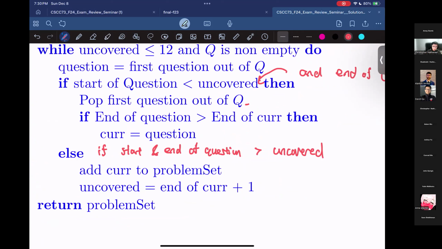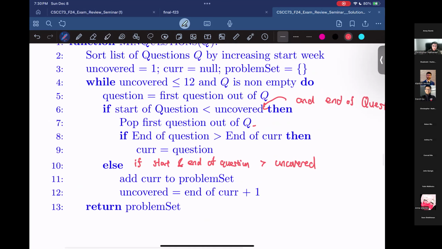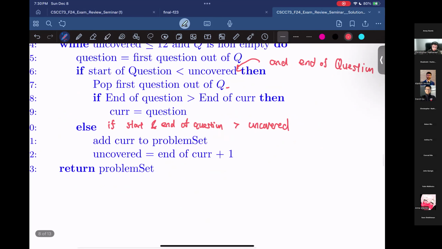Add the current to the problem set, then uncovered equals end of current plus 1. And I think I'm missing another else case.